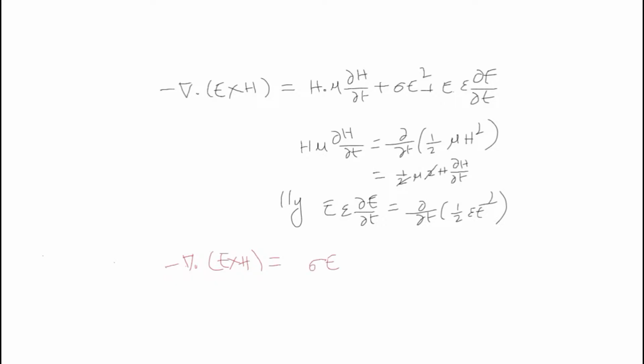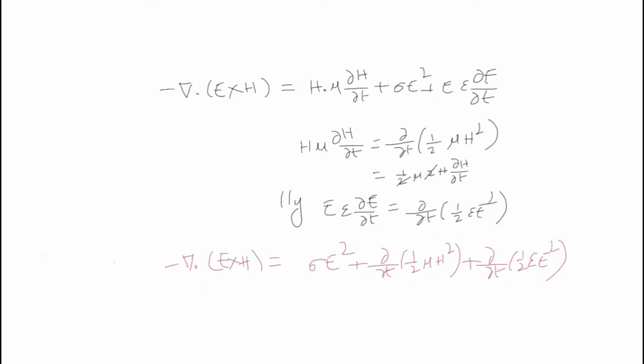I am writing this term first, and next the remaining two terms: that H into mu dou H by dou T can be written as dou by dou T of half into mu H square. And another term, E into epsilon dou E by dou T, can be written as dou by dou T of half epsilon into E square.